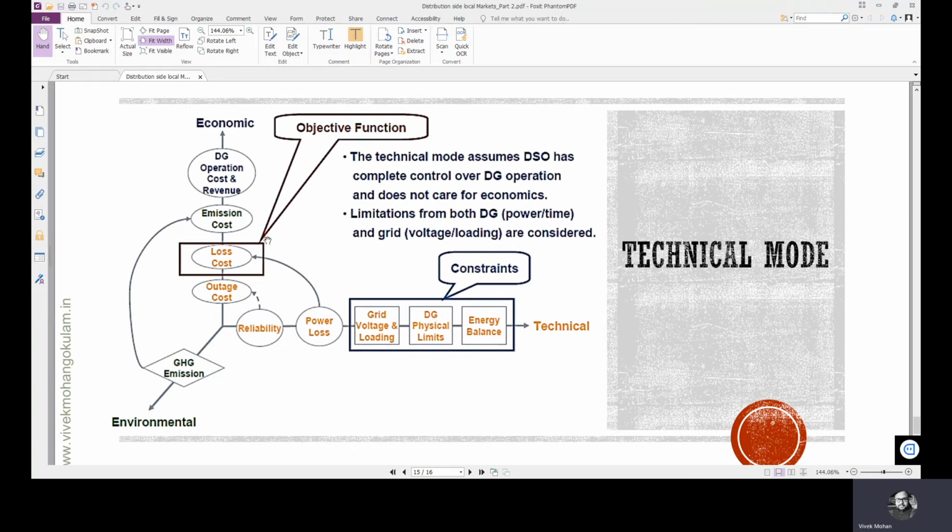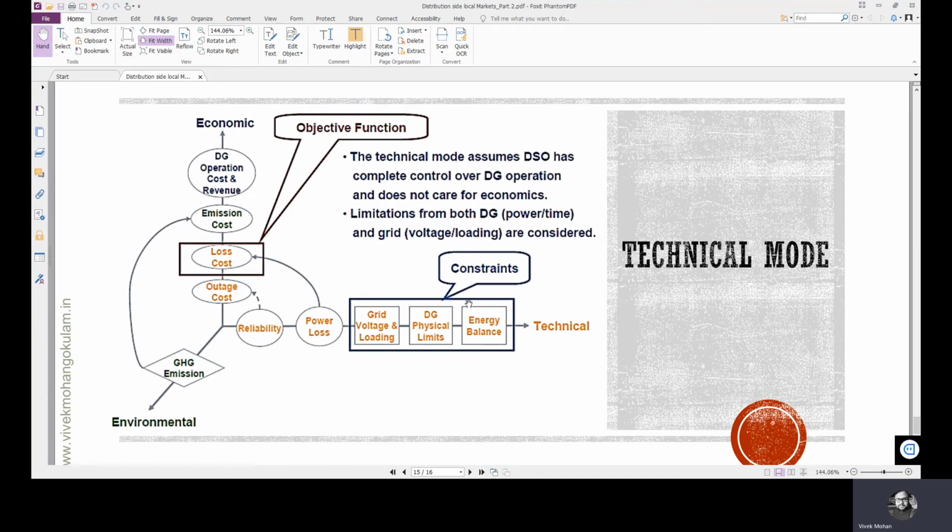So this is basically changed. The technical mode assumes distribution system operator has complete control over DG operation and does not care for economics. Okay, so here loss is the first thing that is considered, not the operational cost and revenue. Even though the profit goes to a suboptimal point, we emphasize on the loss cost.